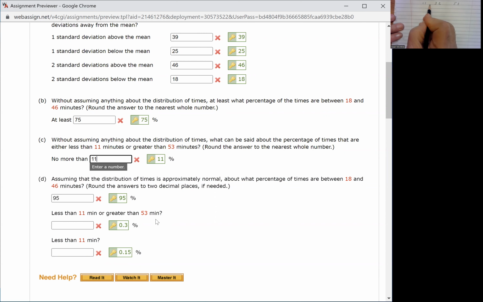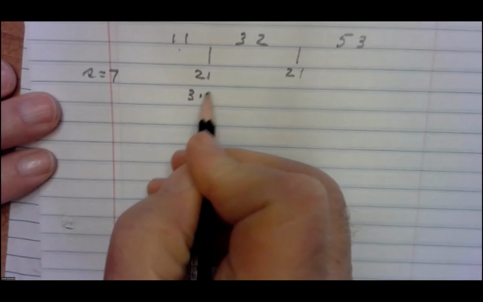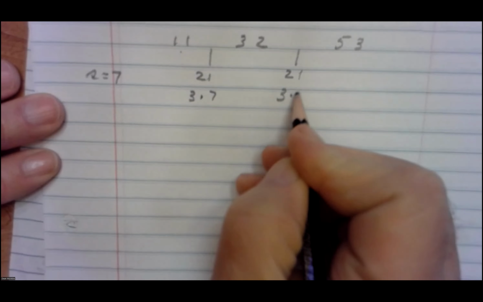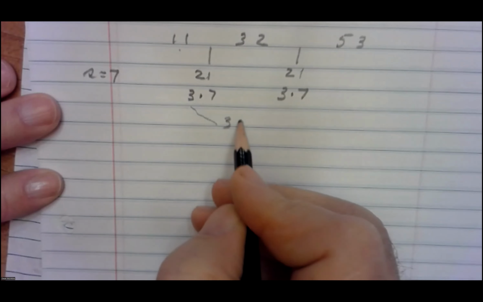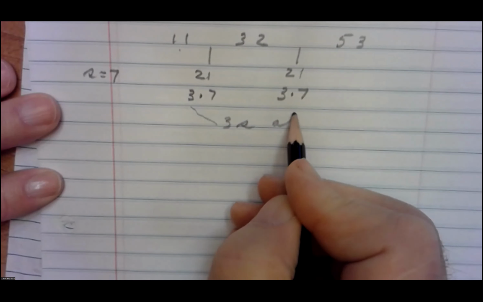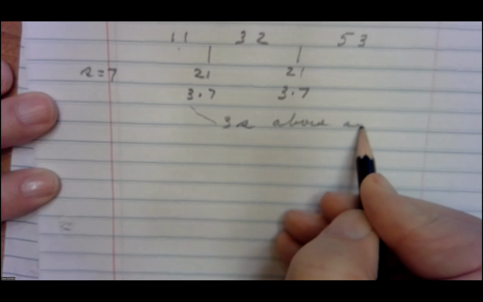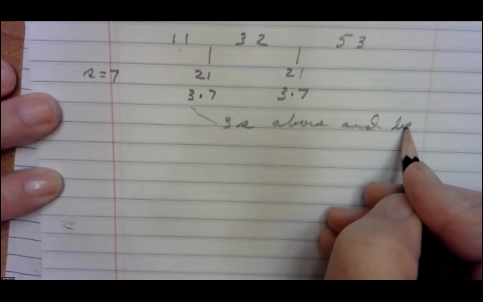So now this is 21. The difference between here and here is 21. Between here and here is 21. Remember, S is equal to 7, right? Now let's go to it. See a little better. Okay, now, so that's 3 times 7. 3 times 7. So now we're talking about 3 standard deviations. 3S above and below.